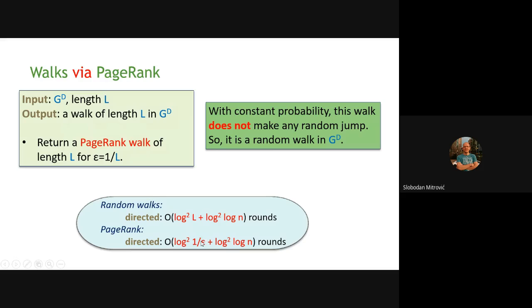Just plugging 1 over L instead of epsilon directly. And that's it. So again, once you have this second part, once you have page rank for directed random walks, then with just a bit more work, you will be able to get directed random walks.